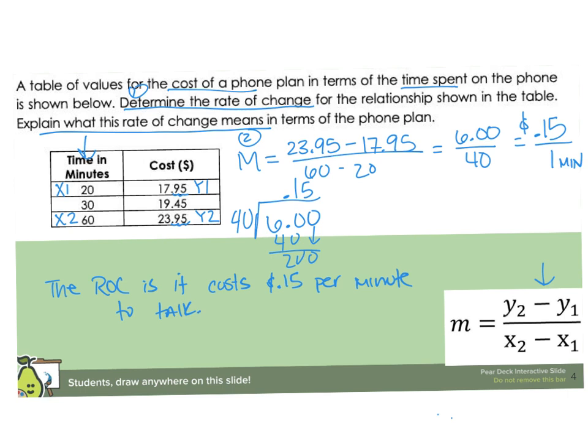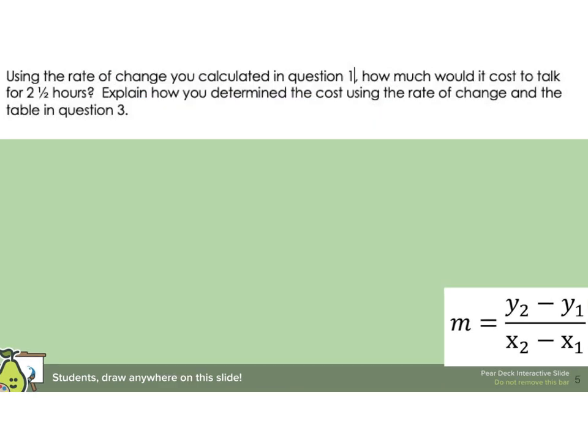So that's it for this part of the problem. The next slide is the next step. So I want us to remember what's in this table, okay? Okay, so I went ahead and added in what we had in that table, because here they want us to use the rate of change to figure out how much would it cost to talk for 2.5 hours.